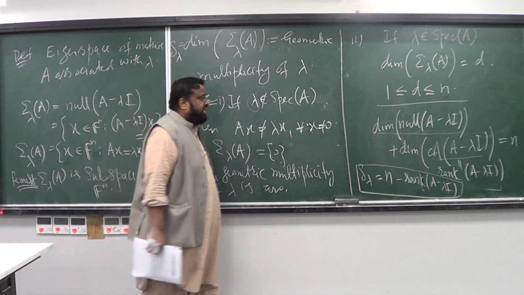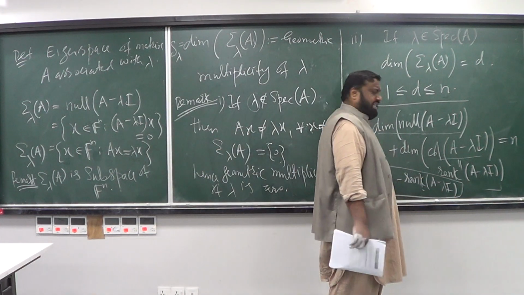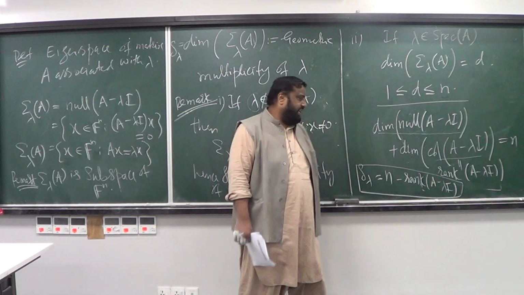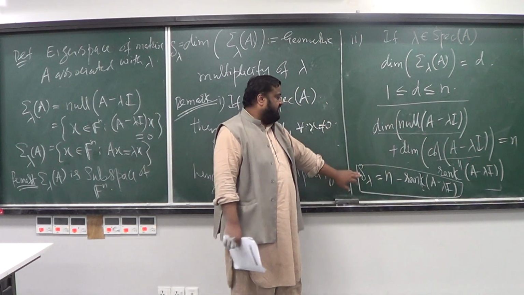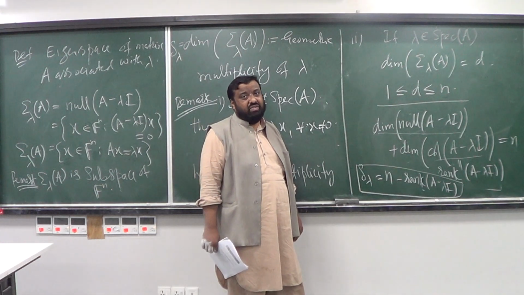You just find the rank of the matrix A minus lambda I and subtract it from the dimension of the vector space that you are in, and you get the geometric multiplicity of the eigenvalue lambda.